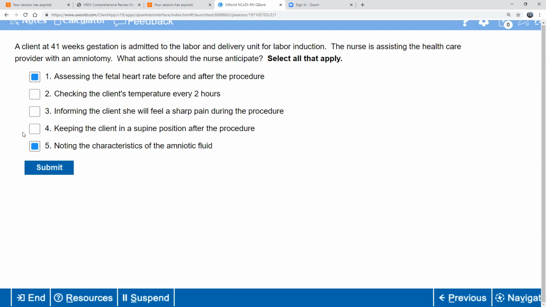Okay, the supine. I know after amniotomy you want to check every 2 hours. Supine though? No, it's not supine, after. Okay, informing the client that she will feel a sharp pain during the procedure. What action would the nurse anticipate the healthcare provider to do?